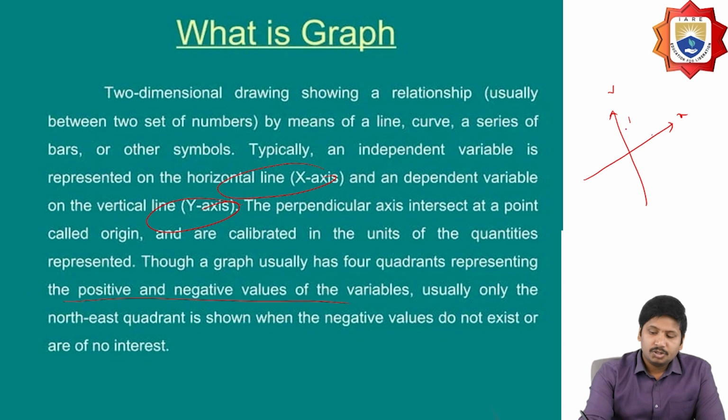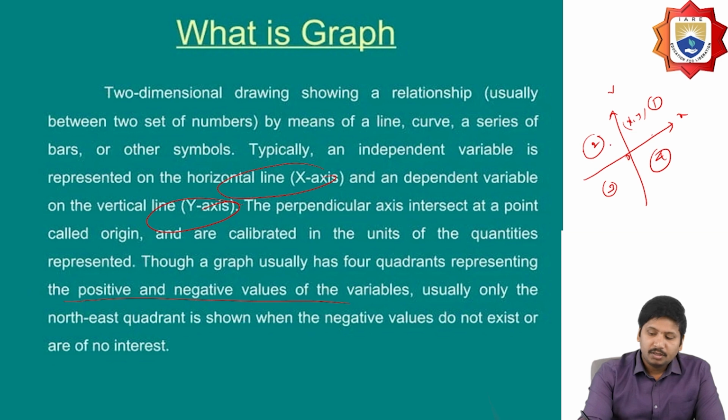So this is positive x, y, which we call the first coordinate, second coordinate, third coordinate, and fourth coordinate. Here the value is 0.